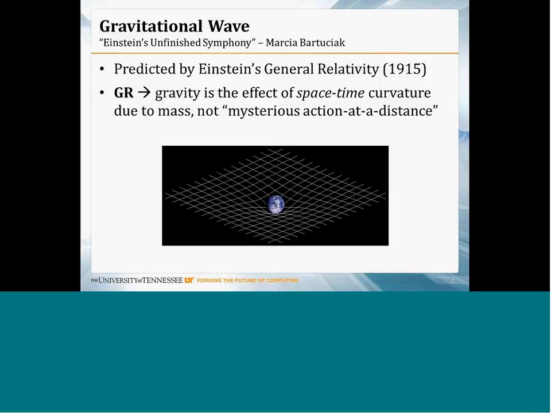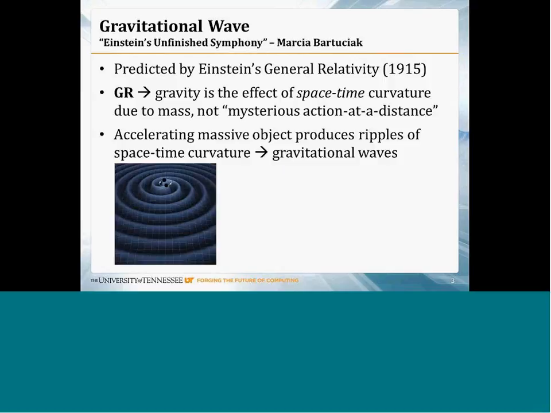And we have an illustration of the Earth making a curvature in space-time. The consequence of that is that an accelerating massive object produces ripples of space-time curvature, and this is called a gravitational wave.